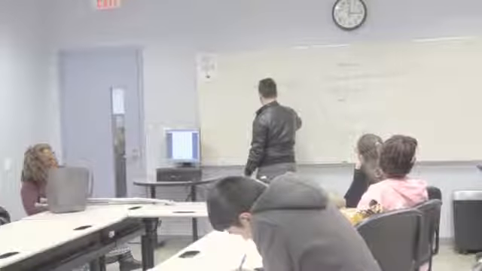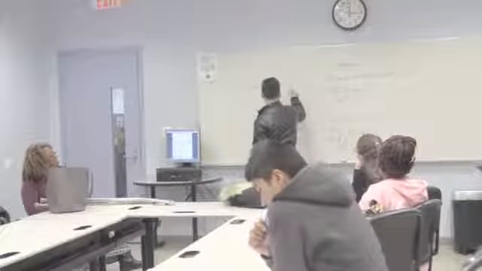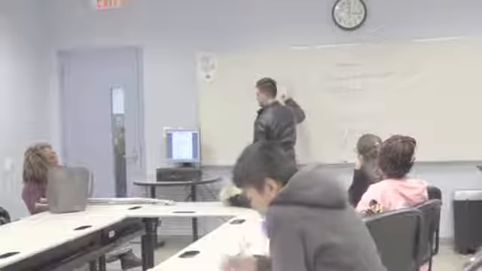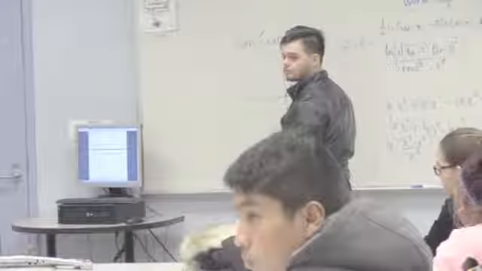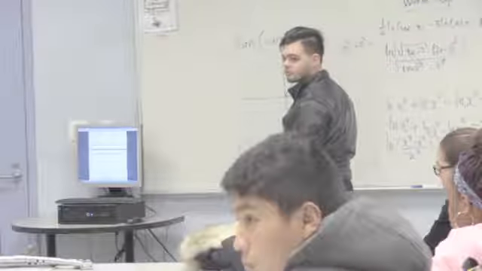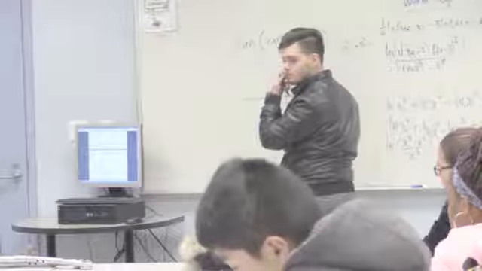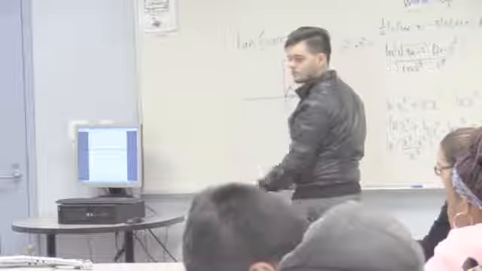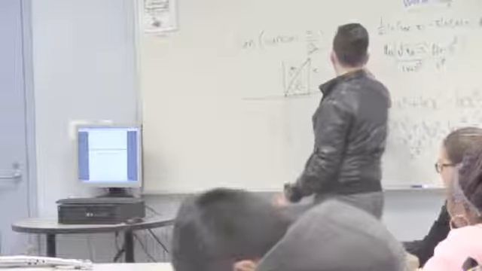We know this is the hypotenuse, which is 13. Isn't 13 C, because it's the hypotenuse? Right, you have A squared plus B squared equals C squared, so 13 squared equals 5 squared plus 12 squared.